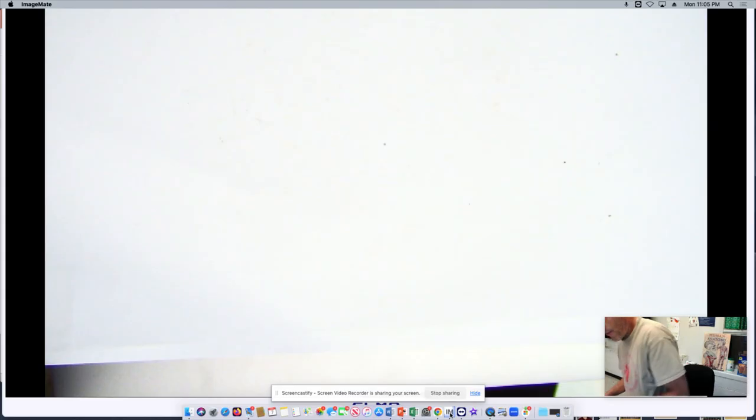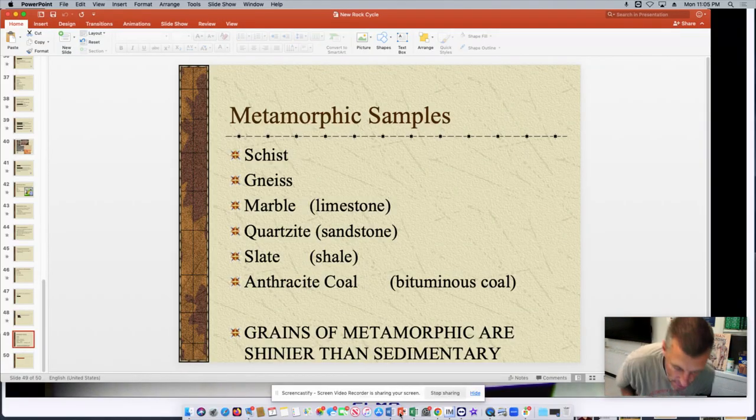And the other thing that I think you should use to tell whether it's the sedimentary or the metamorphic variety is that the sedimentary ones are going to be less shiny.